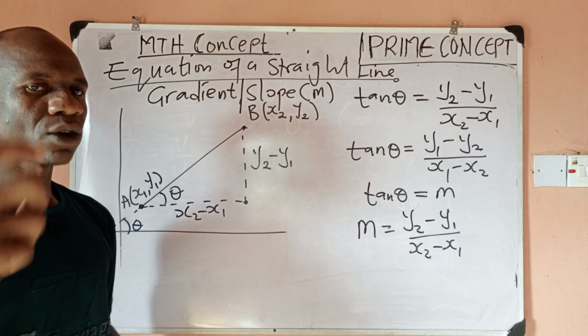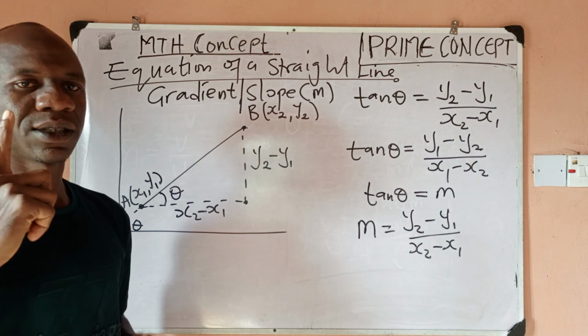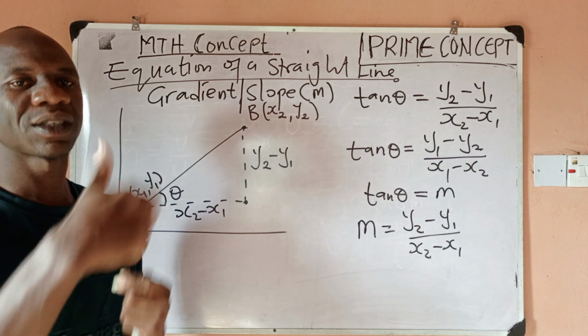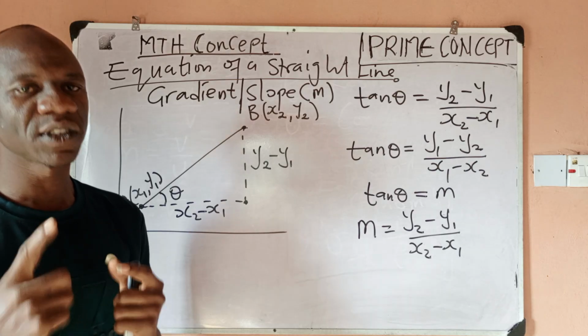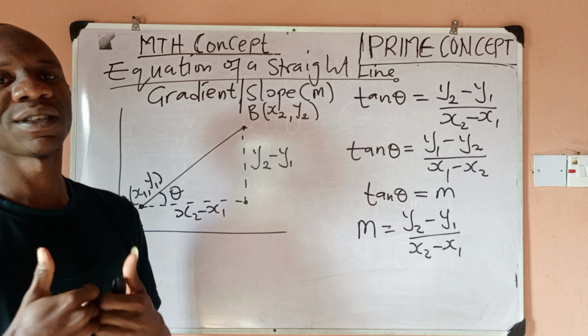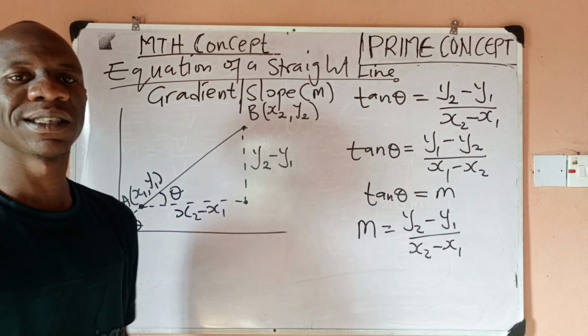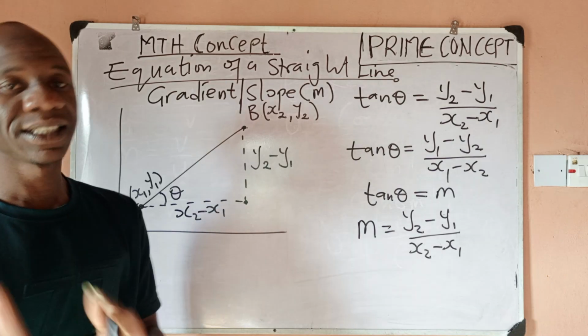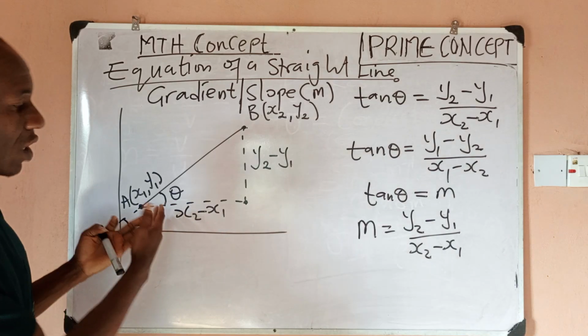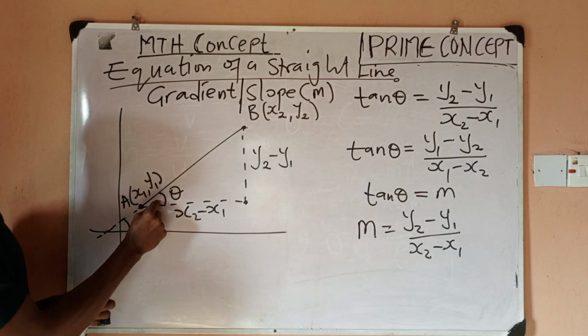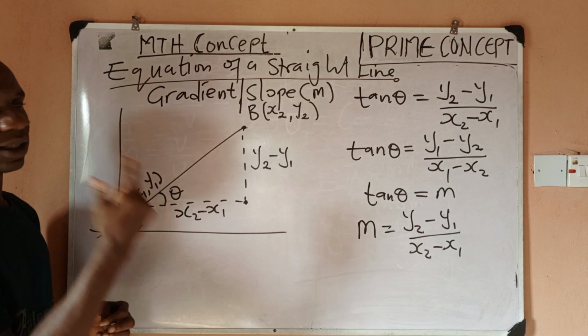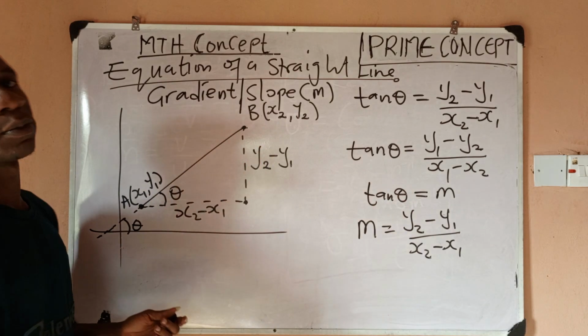Now, I would want you to also notice that slope is not necessarily going to always be positive. So the slope of a straight line can be a positive quantity. It can also be a negative quantity. In this case, we considered when the angle here is acute, which simply means your slope would always be positive, right?